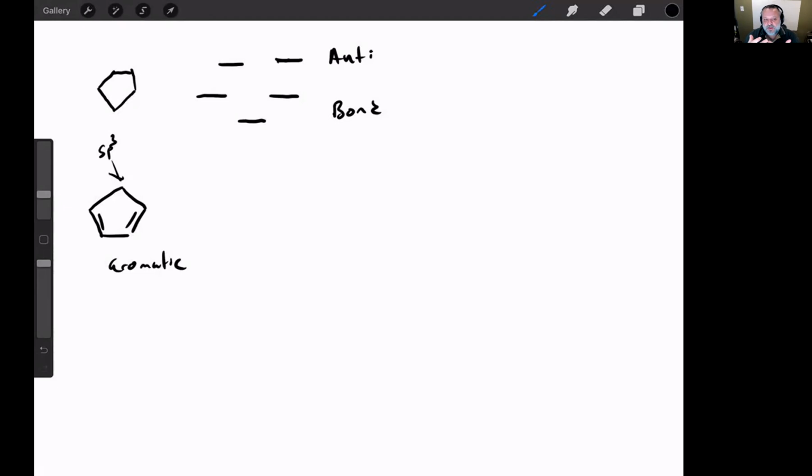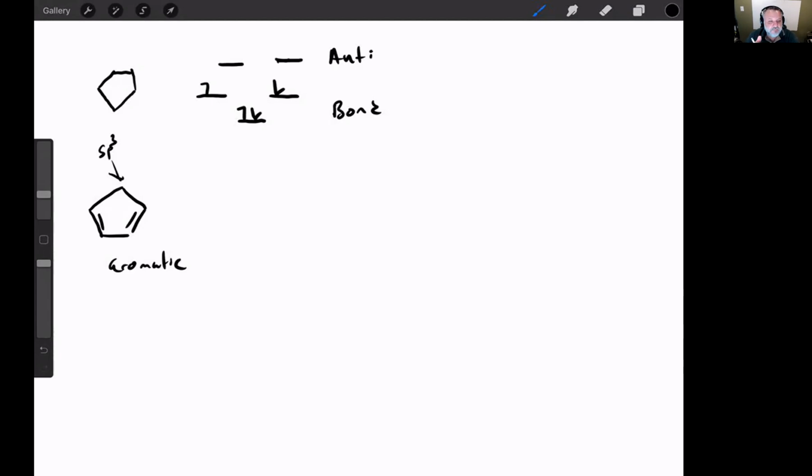So let me ask you this question then, back to this cyclic 5-membered ring. Does that mean that a cyclic 5-membered ring can never be aromatic? Well, if I take a look at this guy with just the 2 double bonds, I have 2 problems for my aromatic criteria.